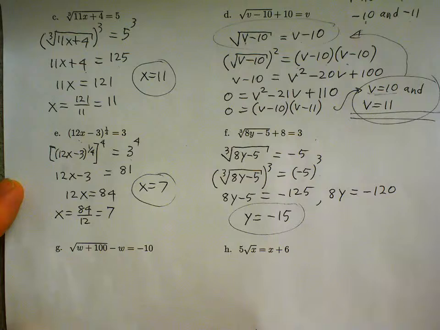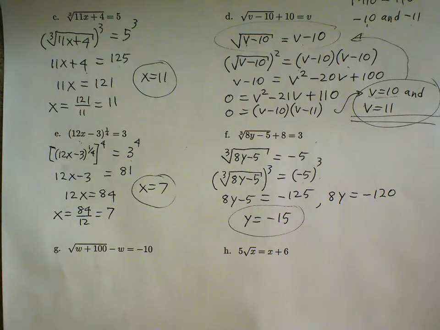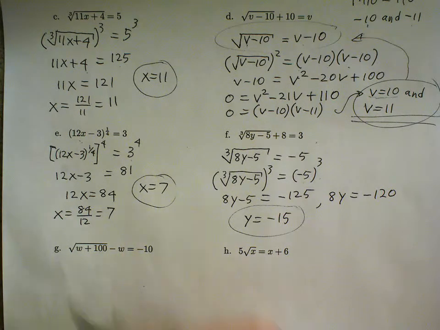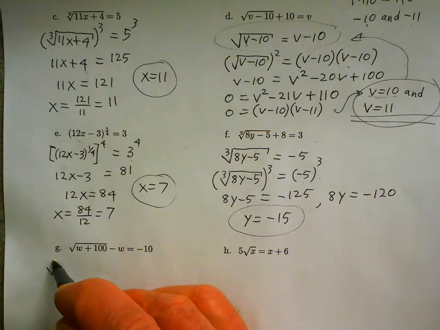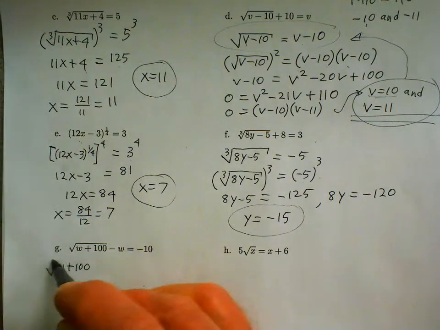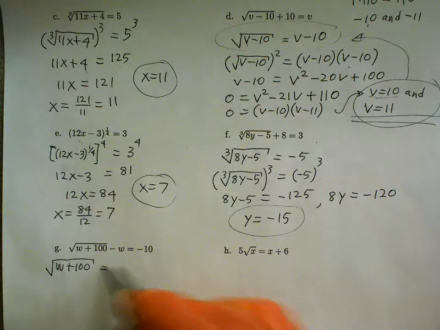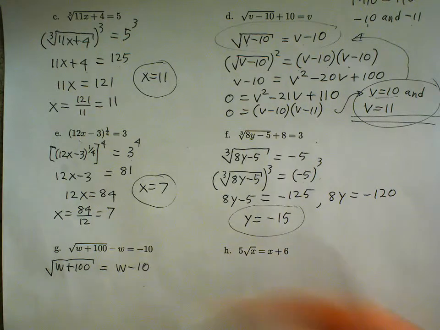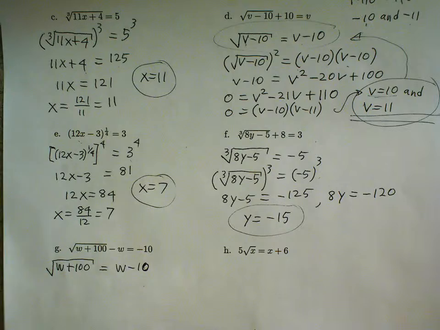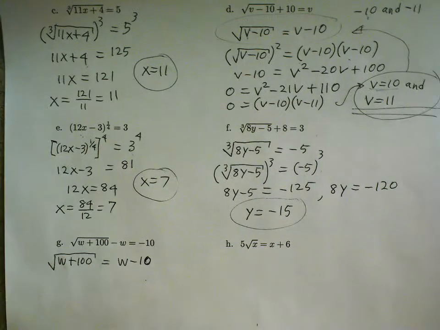Okay, the next one, the square root of w plus 100 minus w equals negative 10. So first we add w to both sides, and we get the square root of w plus 100 equals w minus 10. Then we'll square both sides.